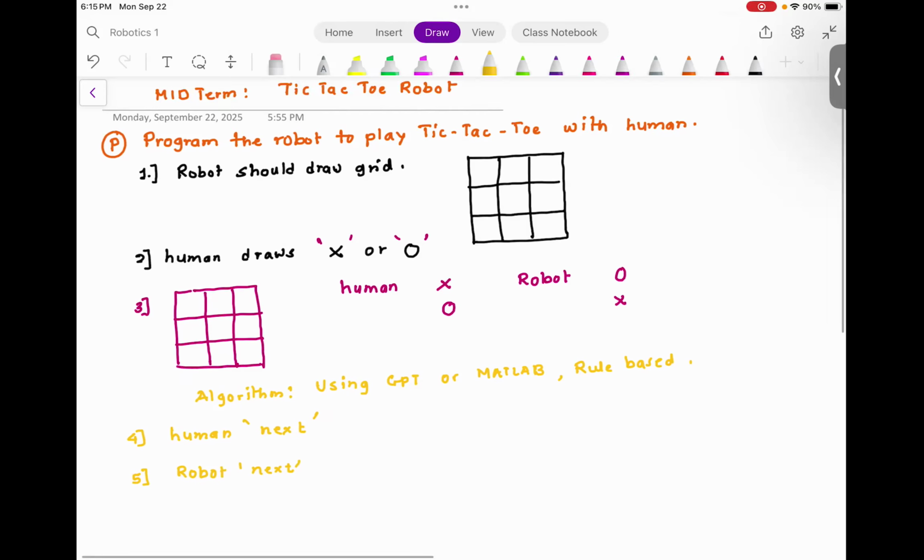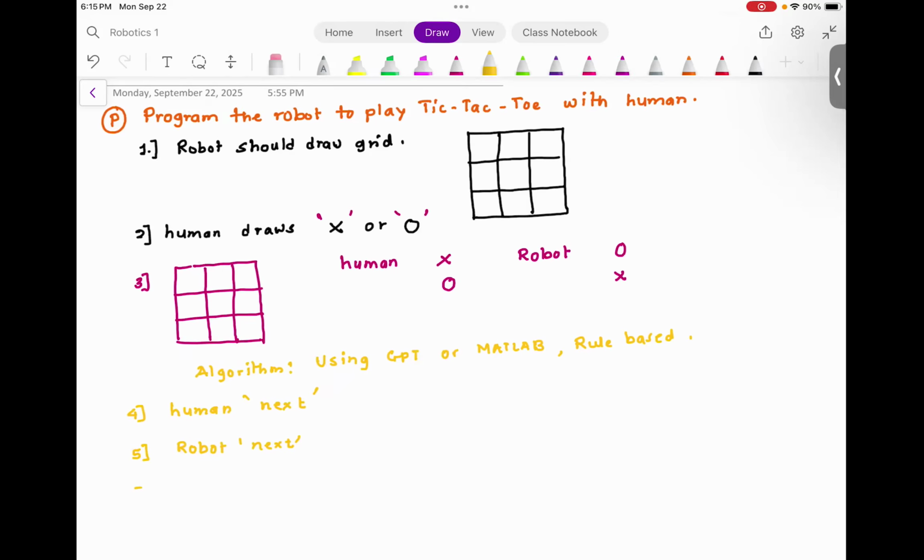And then at the end, if the robot wins, something like this, then the robot should draw a horizontal line indicating the win. So, robot win.